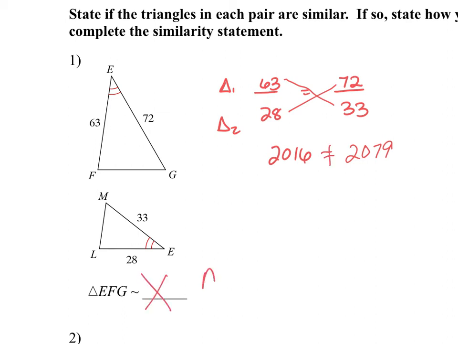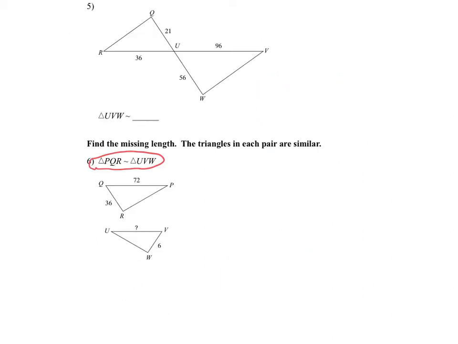You just put not similar. Here they're telling you they're similar, so you've got to put the things together. So I'm going to put my similarity statement on top of each other because it's easier for me to see, except I can't write a U. UVW, okay?